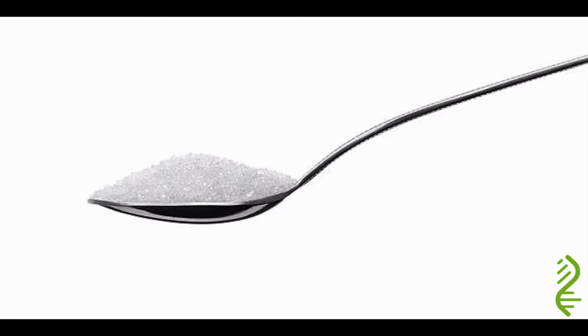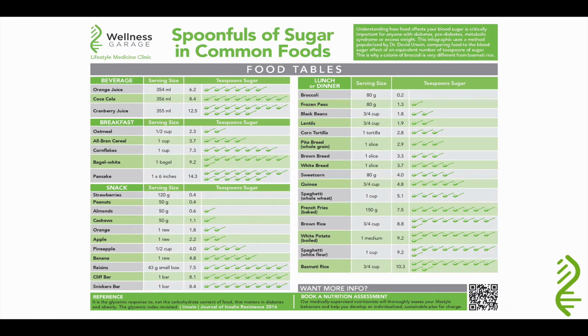This is our single teaspoon of glucose, which represents the amount of sugar that is circulating in the blood, right? So 5.5 millimoles per liter, a normal fasting blood sugar, is the equivalent of 1 teaspoon of sugar. Not very much. In the materials for this week's session, there is an infographic that takes a bunch of common foods and converts them to sugar equivalents, equating them to teaspoons of sugar.